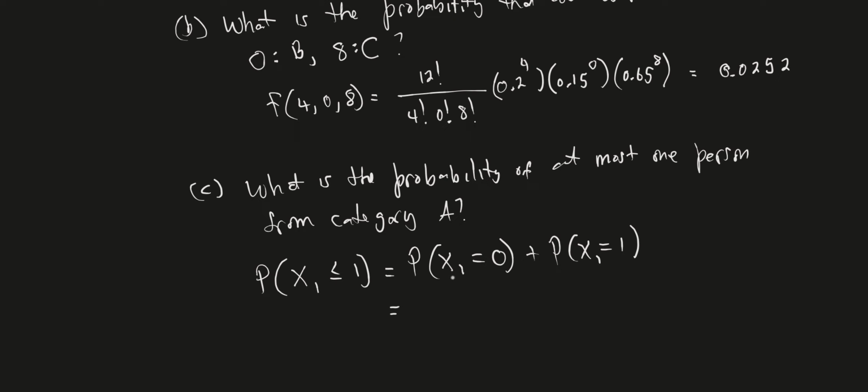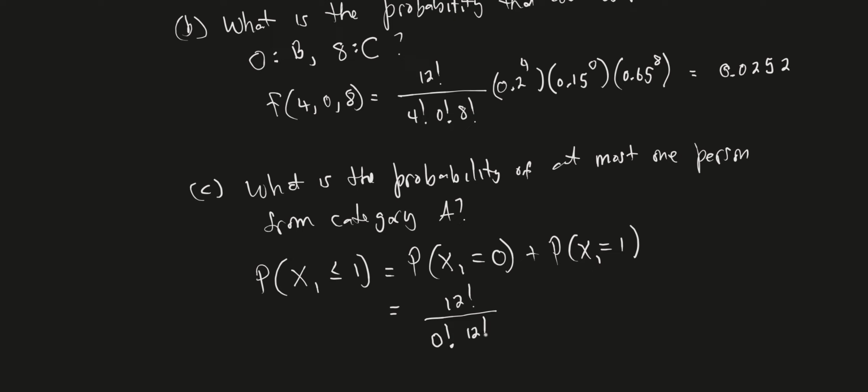So the probability of getting no individuals from category A would mean you'd have your 12 factorial in the numerator, and then nothing from category A, and everything else from B and C. So you put the B and C together and say, okay, that's your failure.